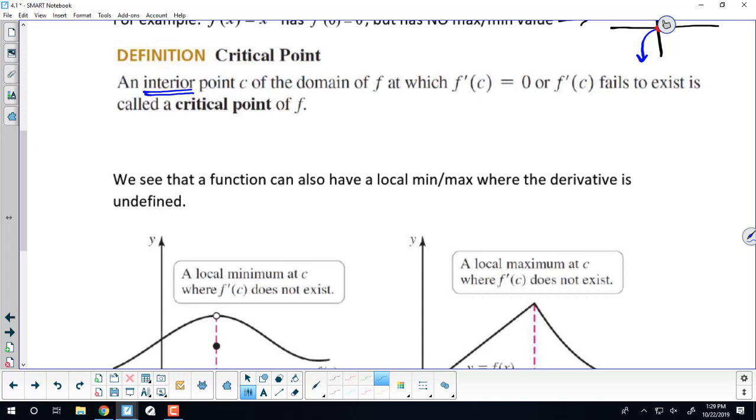It says, hey, look at x squared on the interval from -10 to 10. But the critical point has to be on the inside of the domain of a function. And the critical point is where the first derivative is 0 or the first derivative doesn't exist. So we have to look for both places. Where is the first derivative 0 and where does the first derivative not exist?